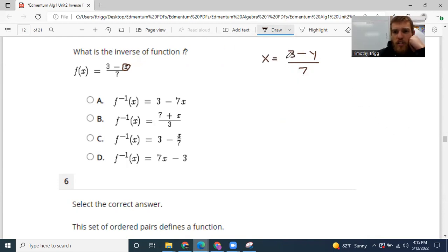Well, I notice this 3 minus y is over 7. So I can multiply by this denominator, canceling it out, which means I also multiply this side by 7 as well. 7x equals 3 minus y. See if you can finish solving for y to find the inverse.